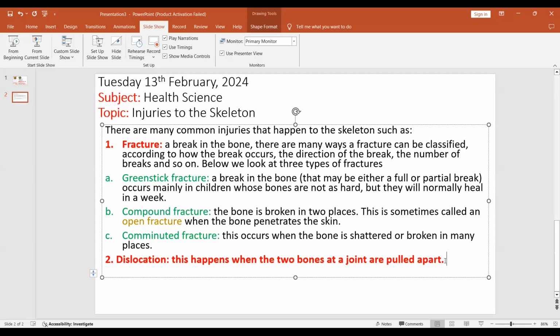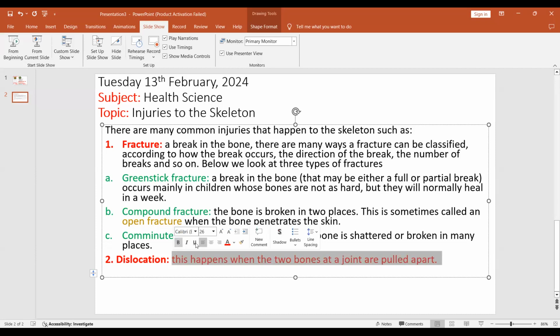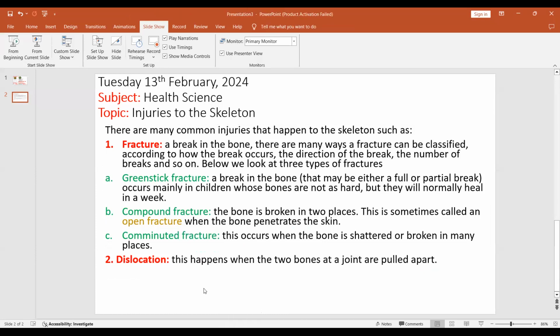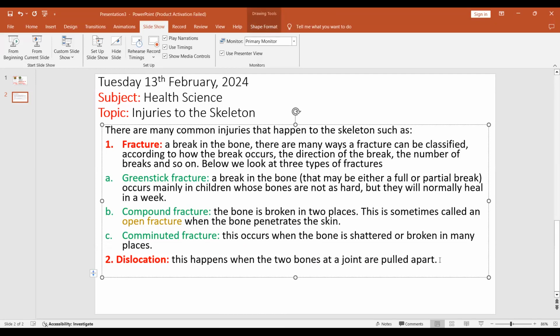When two bones of the joint are pulled apart, and that is intense as well. Really imagine you have a joint and those two bones are pulled apart. That's probably very painful, like excruciatingly painful. But the good thing about this is that all you need to do is push it back into its position.